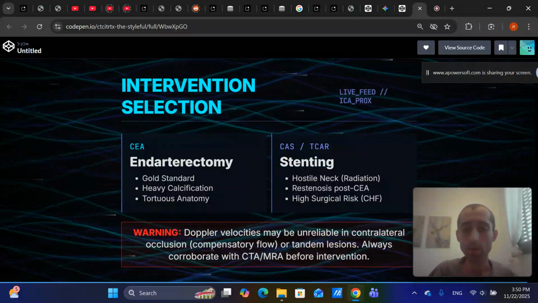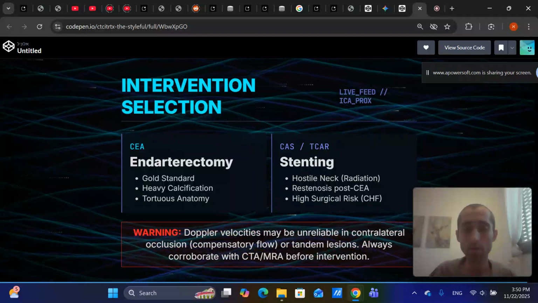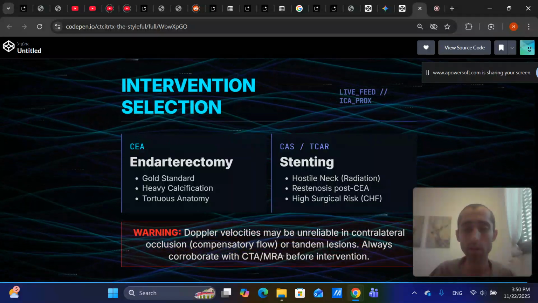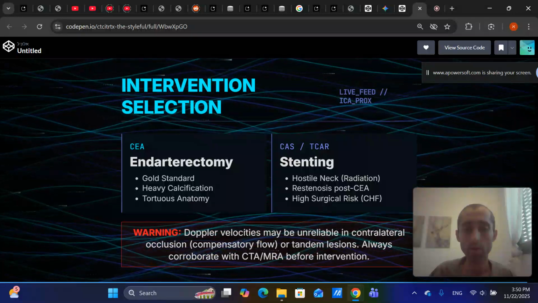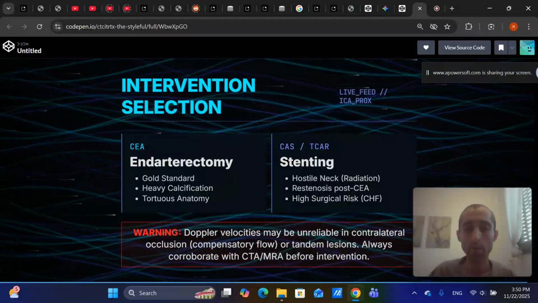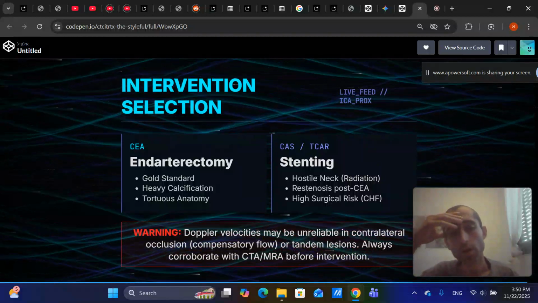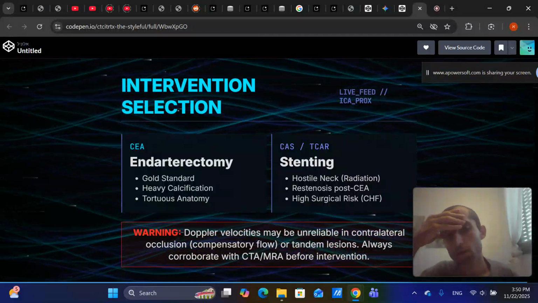MI, myocardial infarction, is the most common complication that cause mortality after those procedures. And in terms of morbidity, strokes are the most common cause of morbidity, where stent may have higher risk for this.